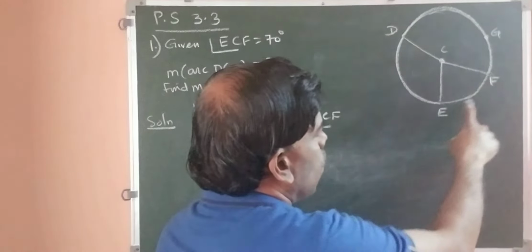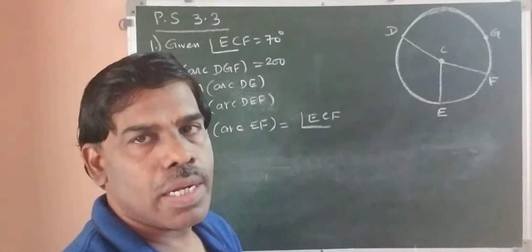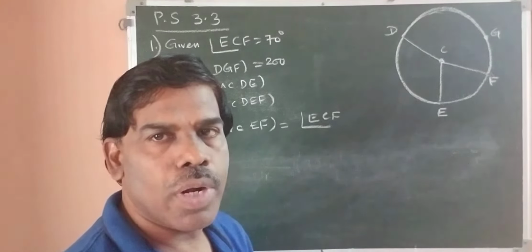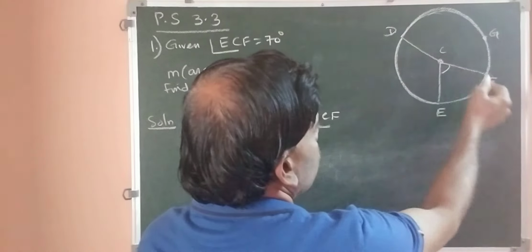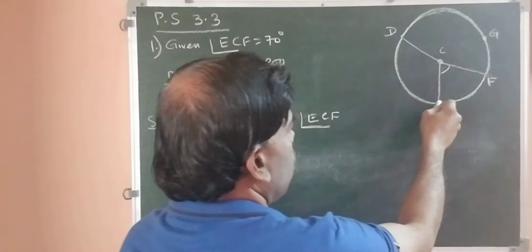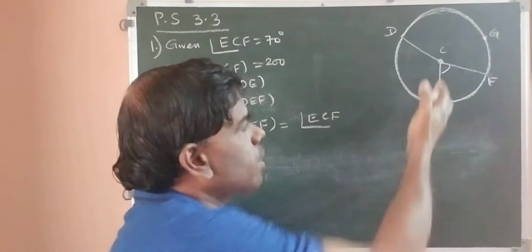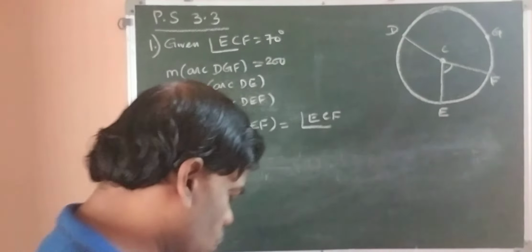Where is the minor arc EF? EF is this. We know that the measure of a minor arc is equal to the corresponding central angle. So if you want to find the measure of arc EF, you need to find its central angle, that's all.